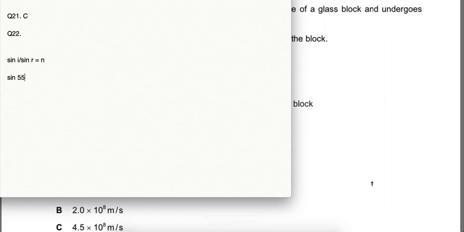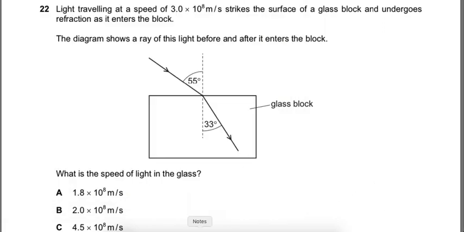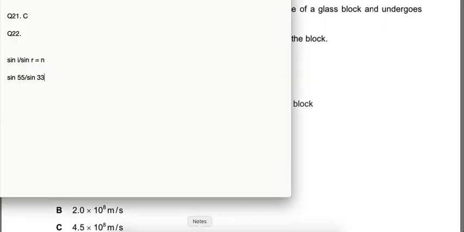So sin 55 divided by sin 33 equals n. Let's find out n on the calculator. It's 1.5.